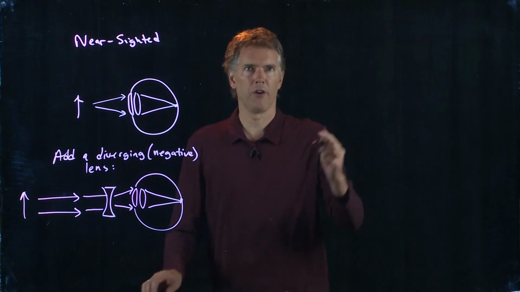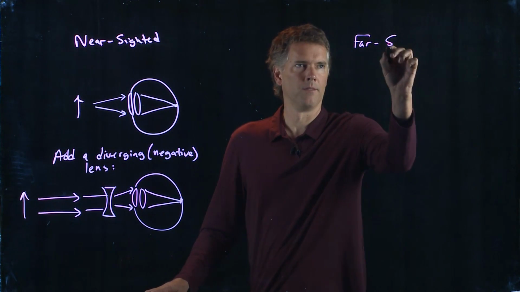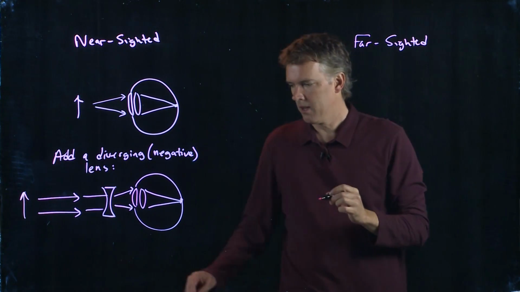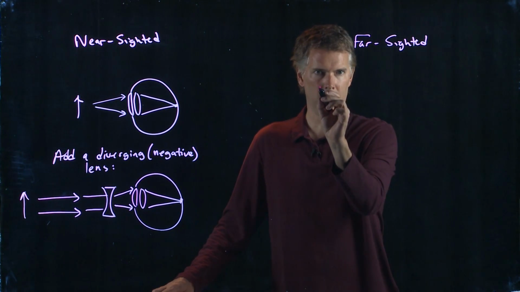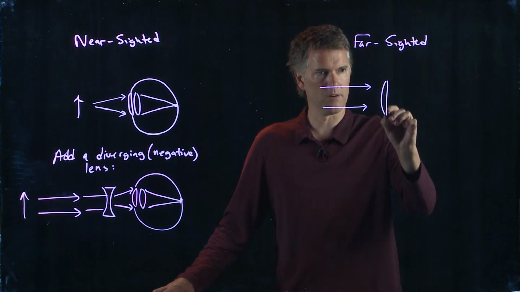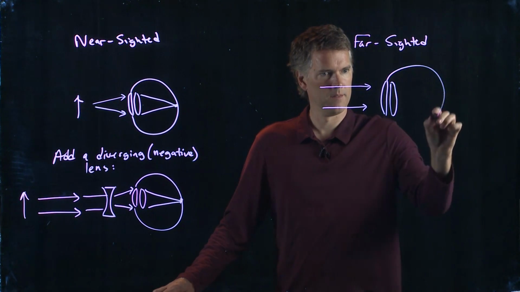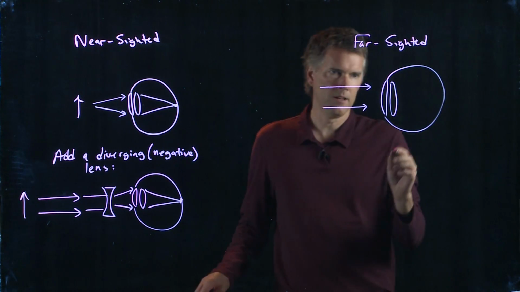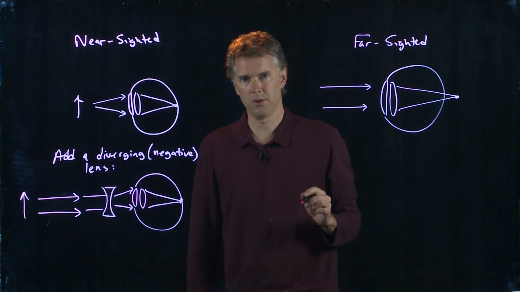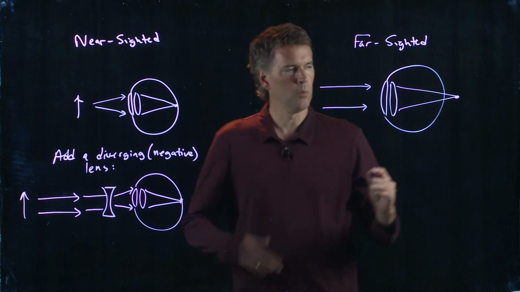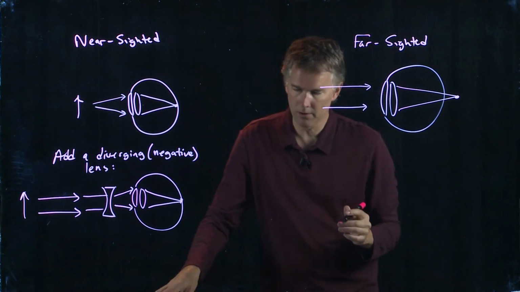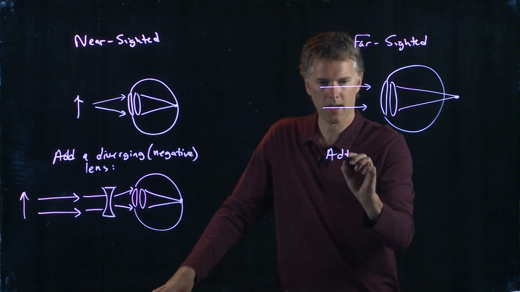But what about farsighted? If you are farsighted, then you're looking at parallel rays coming in from a distant object. Here is your eyeball. If you're farsighted, then they don't quite get to a focus right where they should be. So we need to get that focus in a little closer, and the way we get it in closer is we add a converging lens.